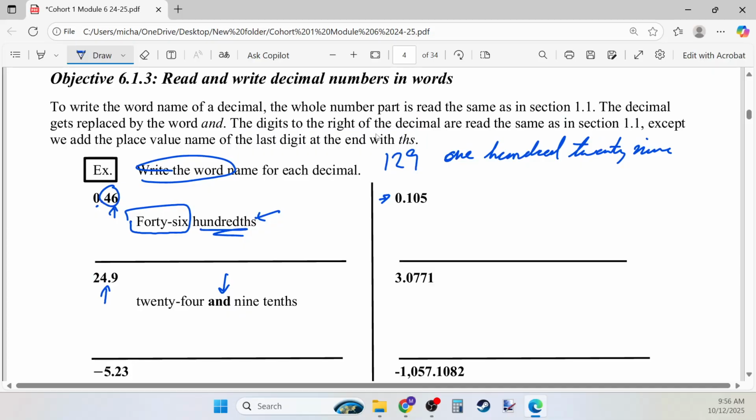So let's write the word name of decimal. The whole number is read, same as in section 1.1. The decimal gets replaced by the word and. The digits to the right of the decimal read the same as in section 1.1, except we add the place value of the name of the last digit at the end with THS.